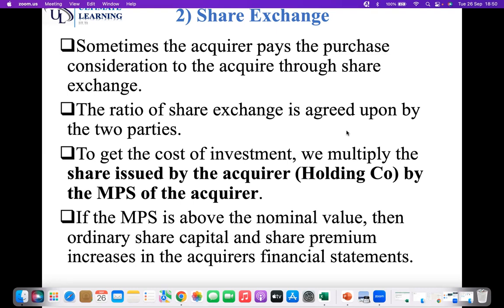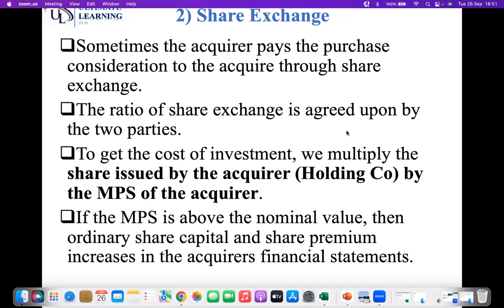Through an example, you will know what I mean by the ratio of acquisition. The ratio is normally the ratio of parent divided by the ratio of subsidiary, and then times the market price per share of the parent.